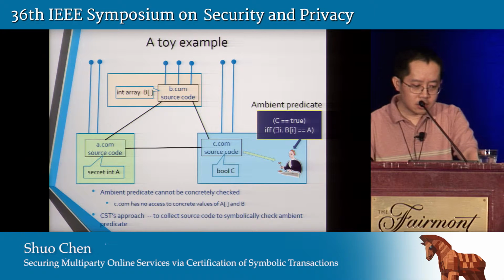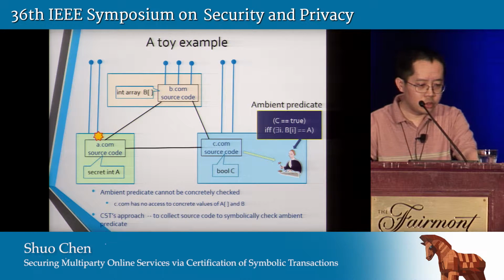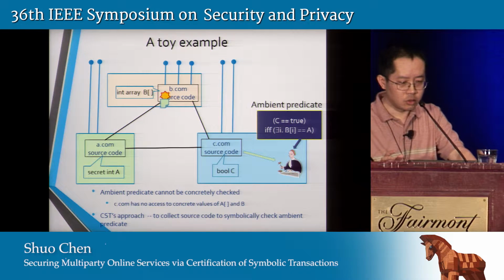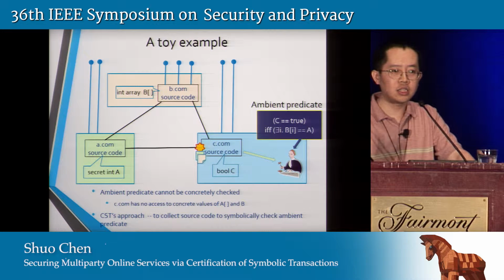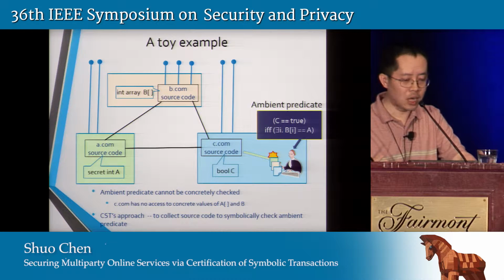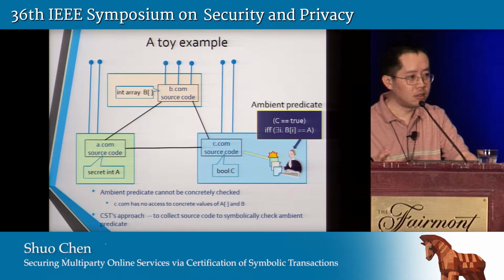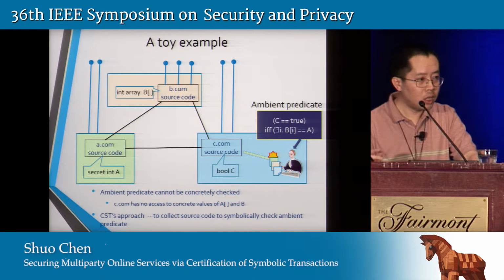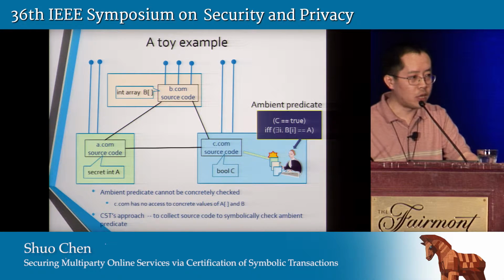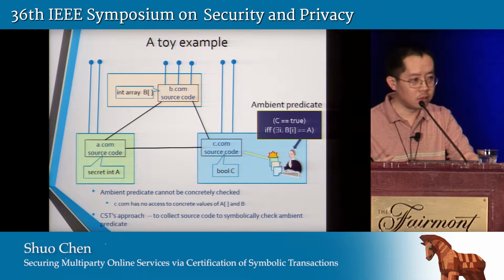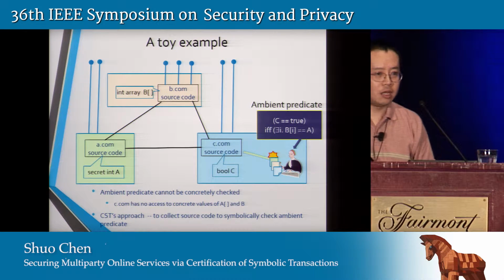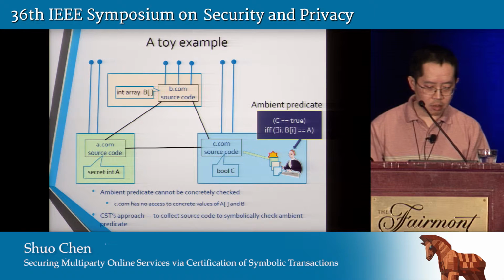Our CST approach is essentially that during the execution of the transaction, we just collect the executed source code from every party, and then at the end, we symbolically check the ambient predicate using the collected source code. I know that this is a very high-level description, but please bear with me.